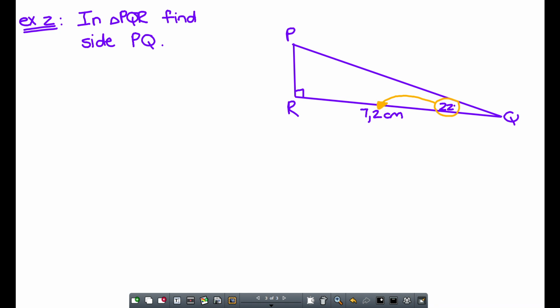Is that hypotenuse, opposite or adjacent? Adjacent. Nee, hy is langs my hoekie, hy is aangrensend. Okay, then we need PQ, which is the hypotenuse.